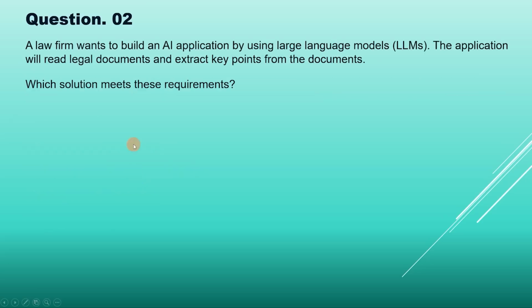Now question number 2. A law firm wants to build an AI application by using large language models. The application will read legal documents and extract key points from the document. Which solution meets these requirements?